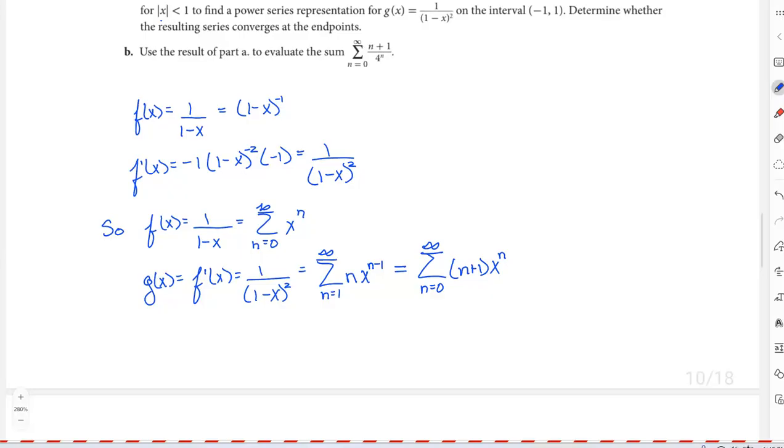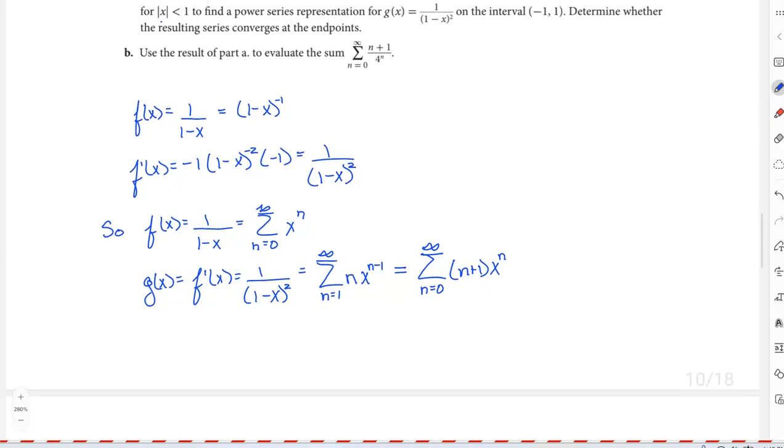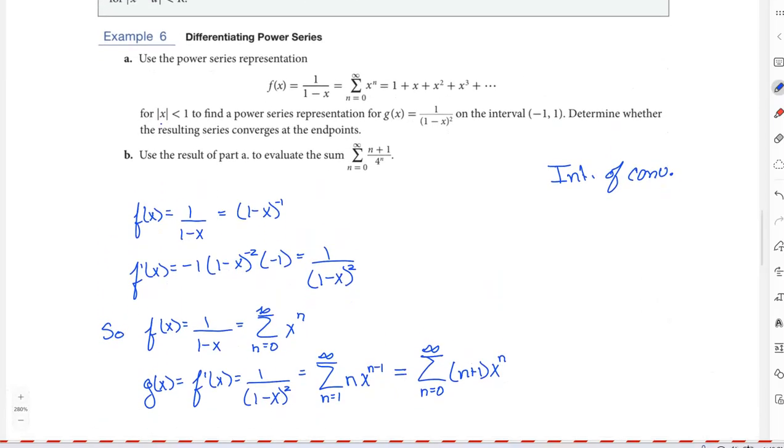So now let's figure out the interval of convergence. So we knew that the original series for f of x converged between negative 1 and 1.